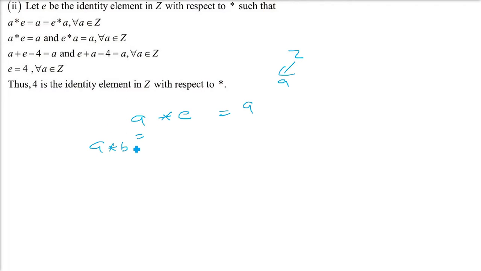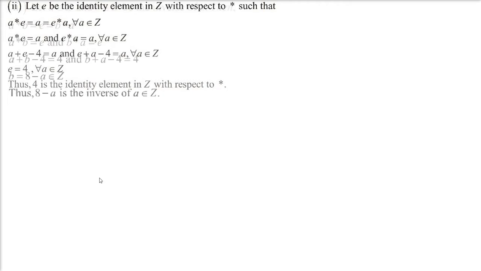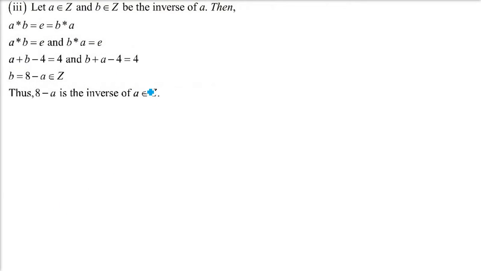So A star E equals A plus E minus 4, and this has to be equal to A. So E will be equal to 4. The identity element is 4 with respect to star.